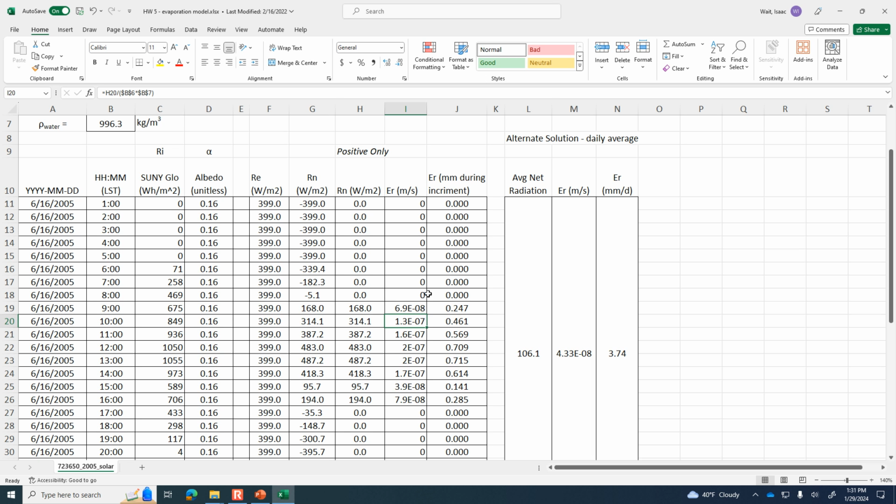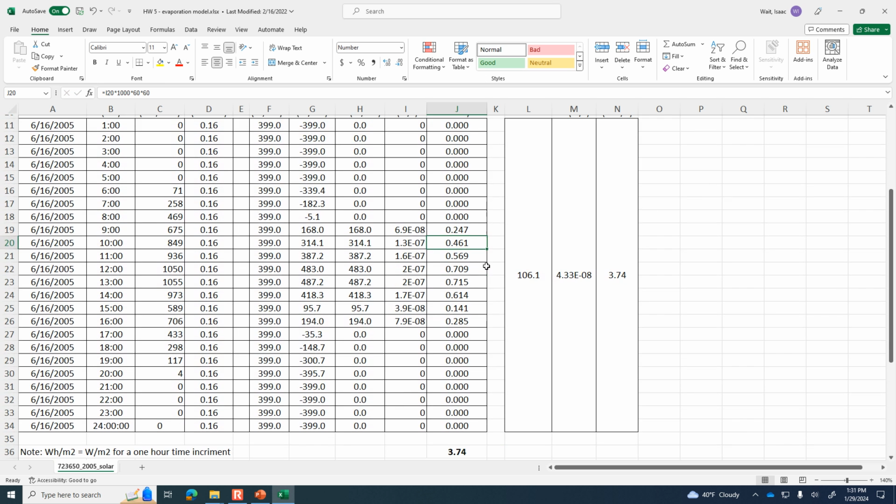So if the evaporation rate is like 1.3 times 10 to the 7th, and that's meters per second, to find the amount of evaporation, you'd multiply that by 3,600 seconds, because that's how many seconds there are in a 1-hour increment, and then multiplying it by 1,000 converts it from meters to millimeters.